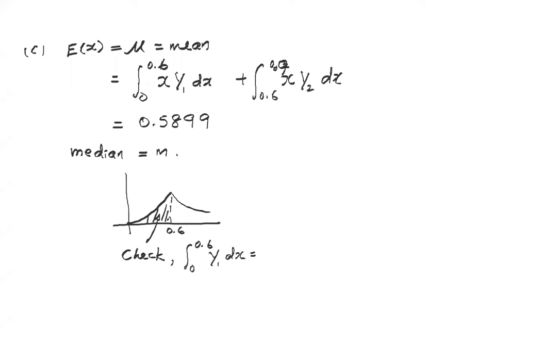The area of the first part. What do you get here? Exactly 0.5. So if you get exactly 0.5, therefore you say that the median is 0.6. Understand? Because the probability is 0.5.